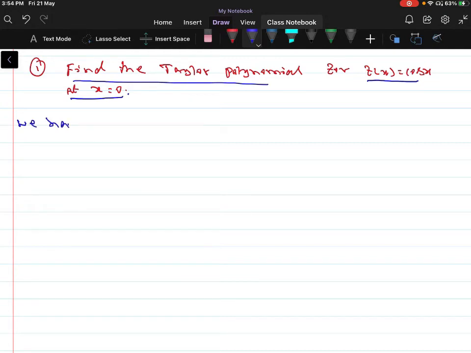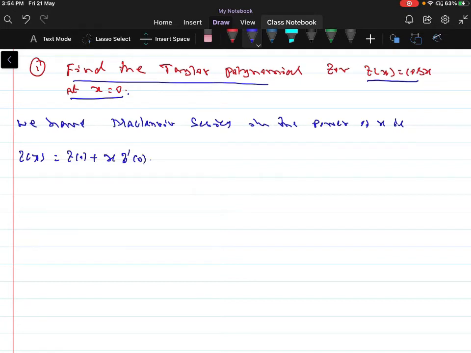We have the Maclaurin series in the power of x: f of x is equal to f of 0 plus x into f dash of 0 plus x square by 2 factorial into f double dash of 0 and so on plus x power n by n factorial into the nth derivative of f at x equal to 0 and so on.